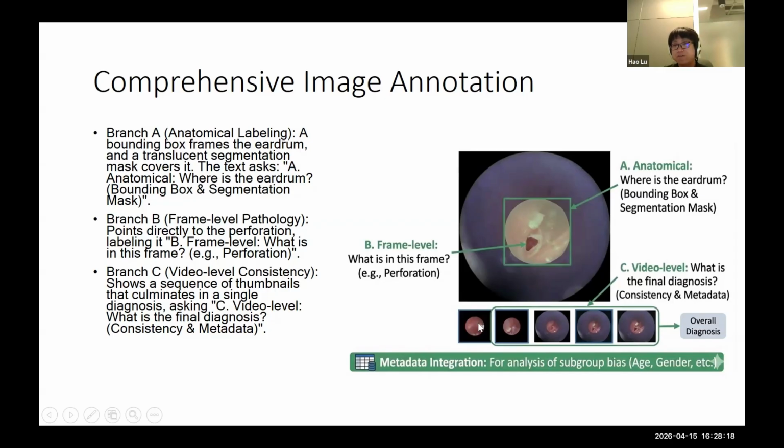And then for the video level, because perforation sometimes cannot be seen from the hole in the whole video, for the video level we have a video level diagnosis. And then we will have the metadata integrated with this otoscope video, which contains the age, gender, and all other things.